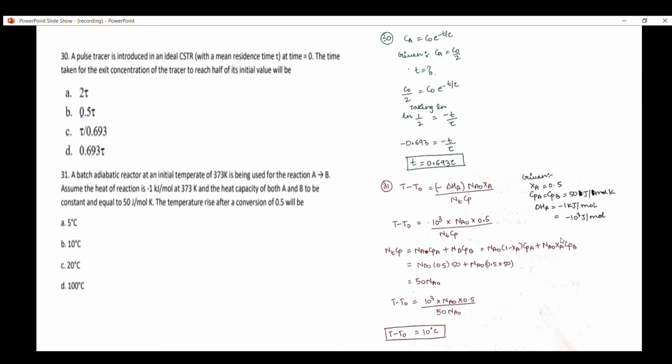On substituting the values of Cp A, Cp B and conversion, we'll get 50 Na naught. All you need to do is put this value here, and the temperature rise would be 10 degrees Celsius.